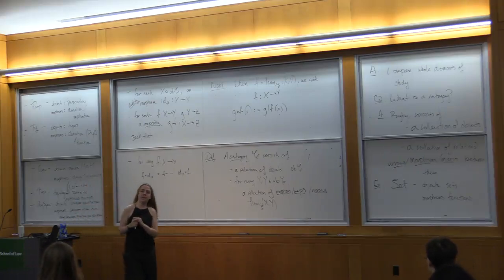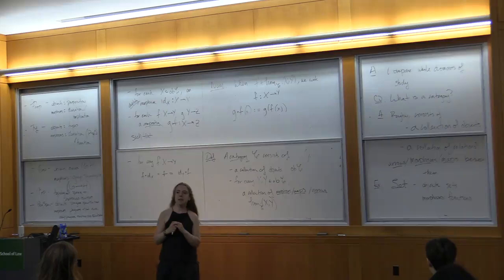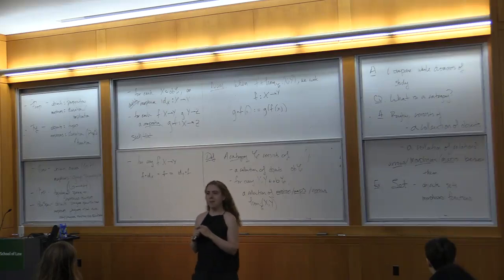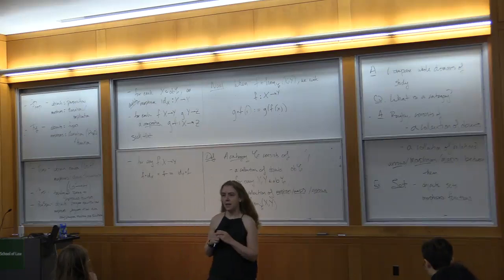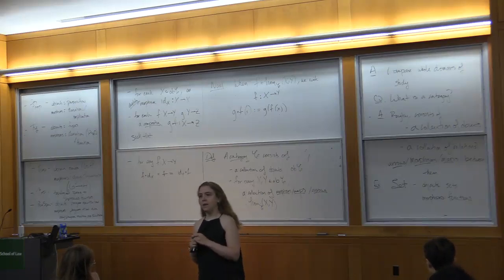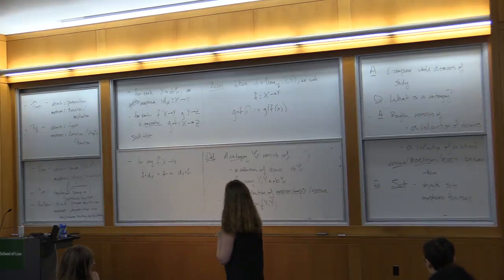Yes? This may be for later, but we can defer it. I saw something about left-sided or right-sided identities, and I know this is just a quick overview, but would you be able to speak to that? Like the notion of a left-sided identity and a right-sided identity.